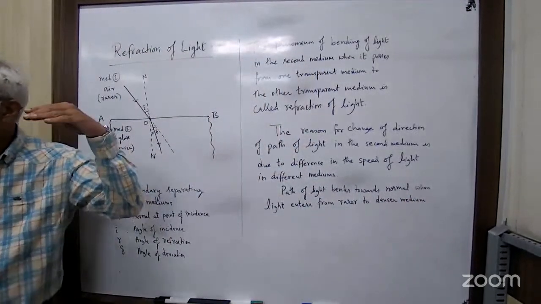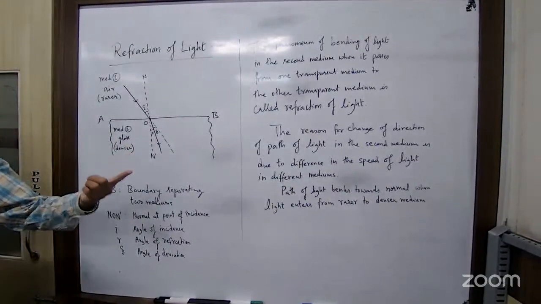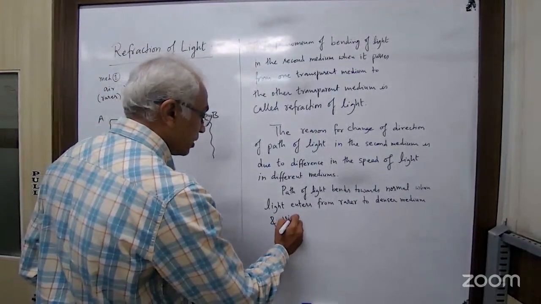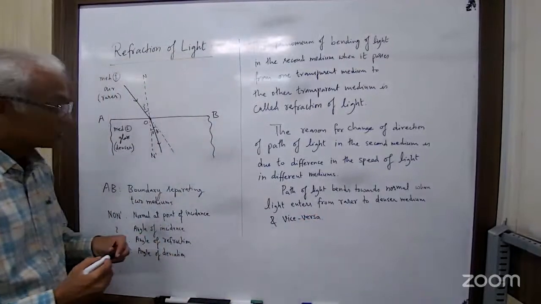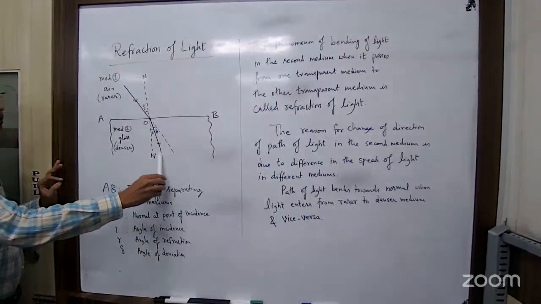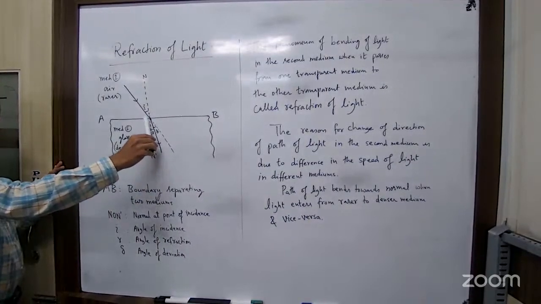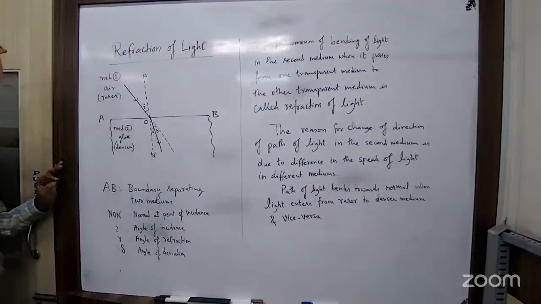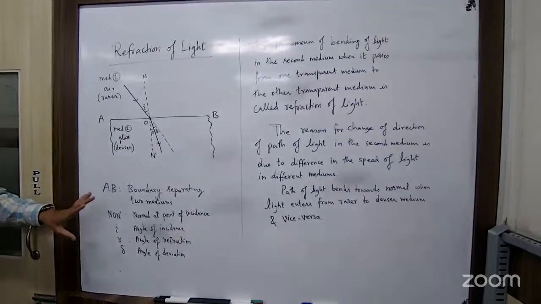Whenever light travels from rarer to denser medium, it bends towards normal, and vice versa. Which means if the light travels from denser to rarer, here it is traveling at a lower speed, but suddenly the speed increases. So it goes away from normal. Okay? So this is the funda of refraction of light.